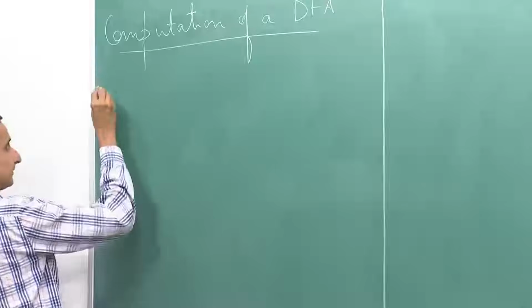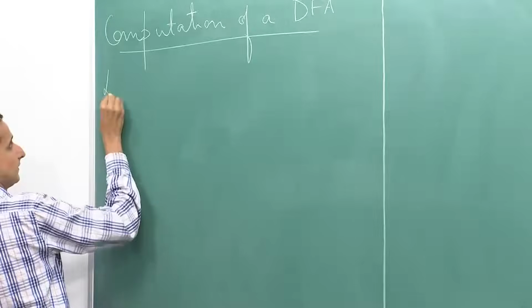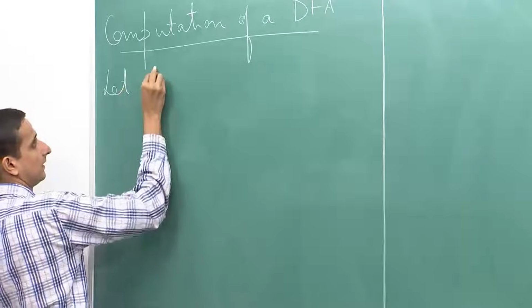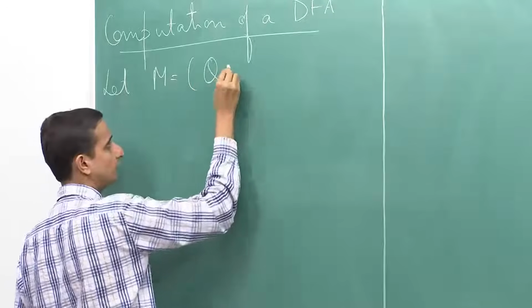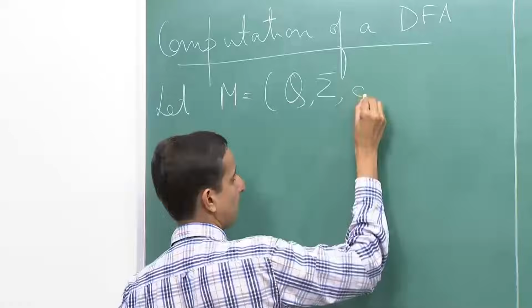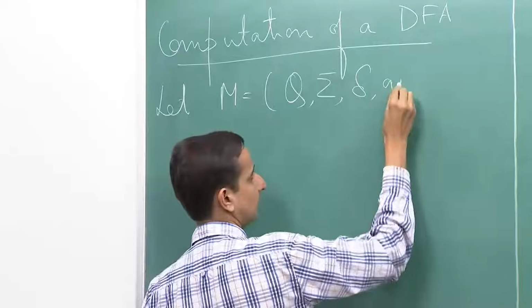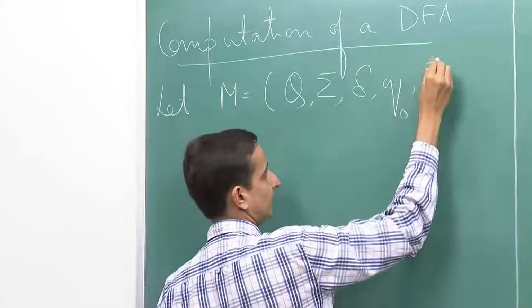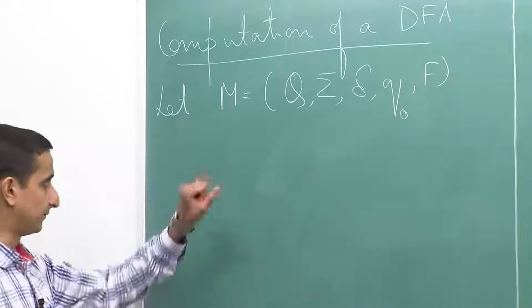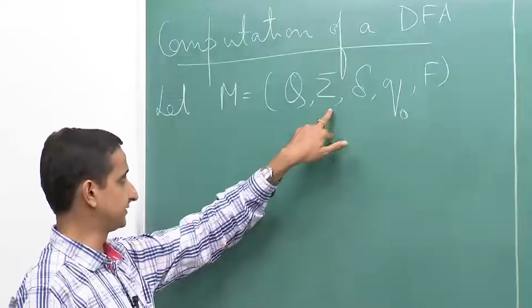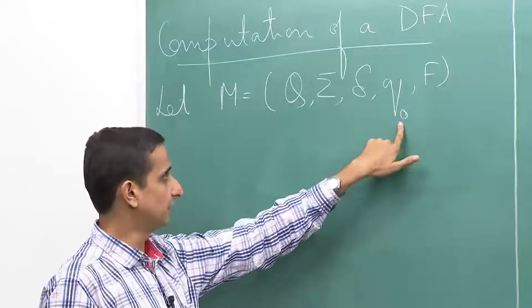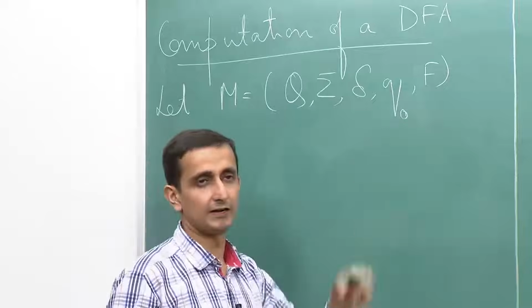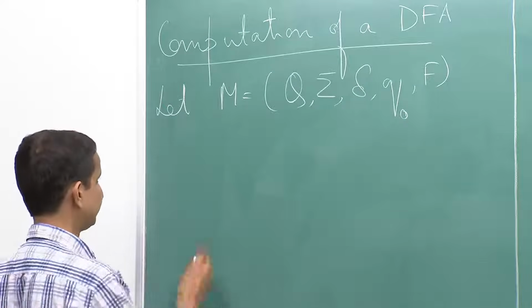So, let M be a DFA. So, M equals Q, sigma, delta, Q naught and F. Let me remind you. Here Q is the set of states, sigma is the alphabet, delta is the transition function, Q naught is the start state, and F is the set of accept states.